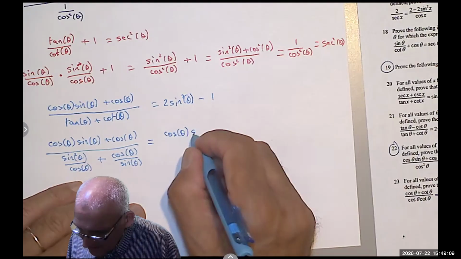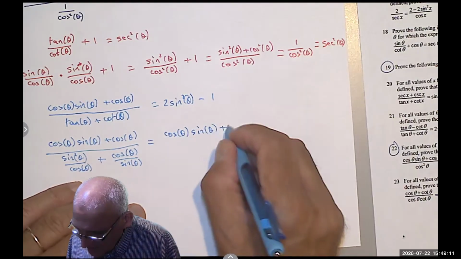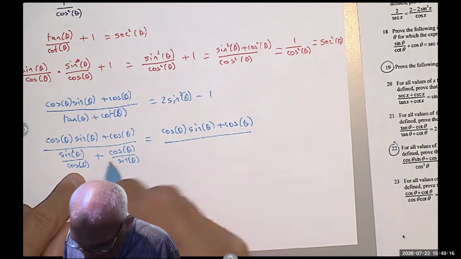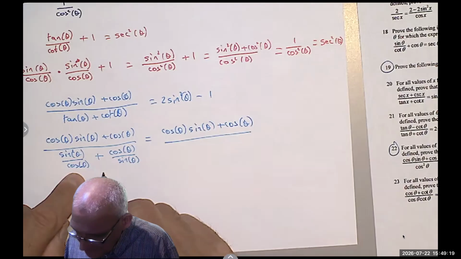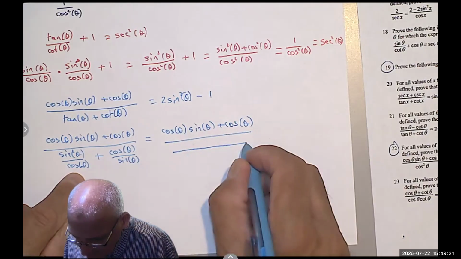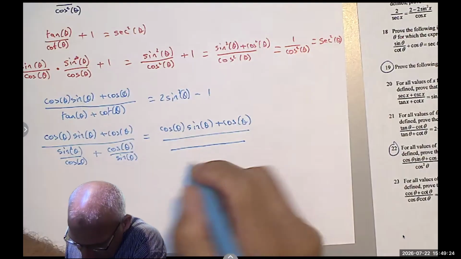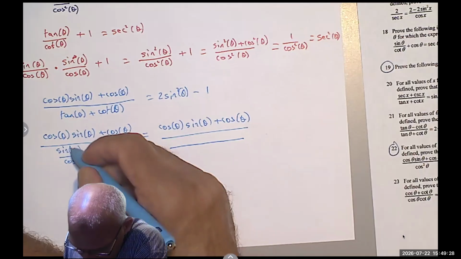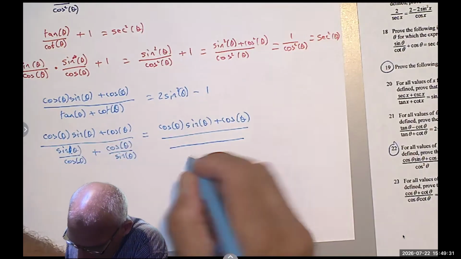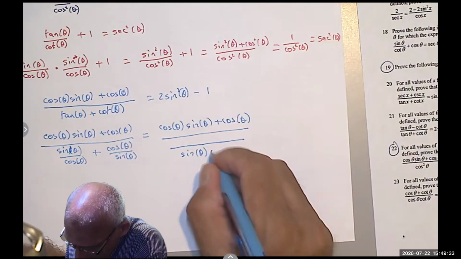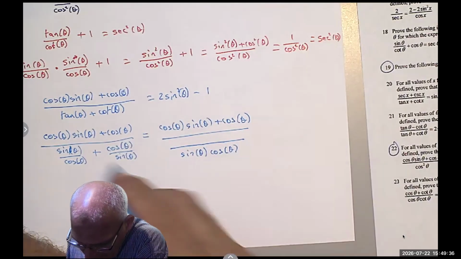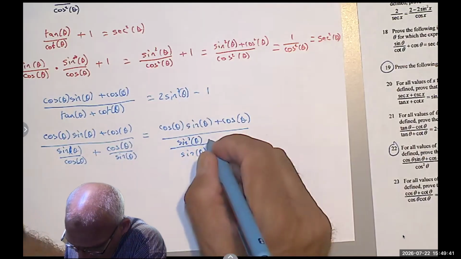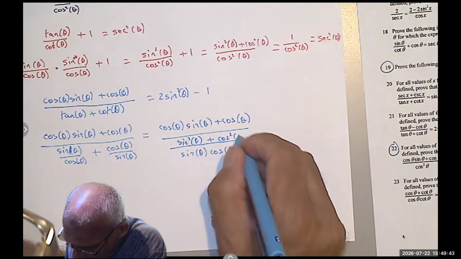When I take a common denominator, if I take sin² cos² as a common denominator, I get sin²θ plus cos²θ.